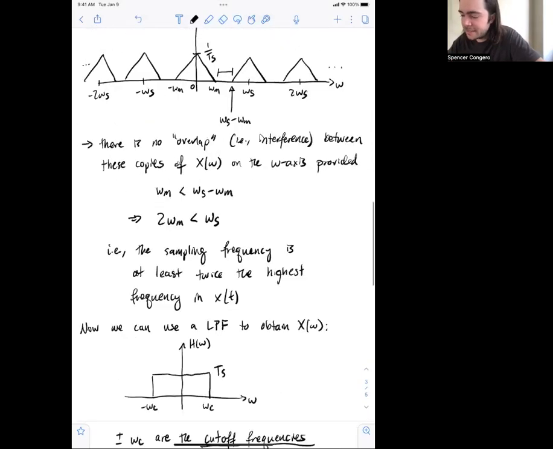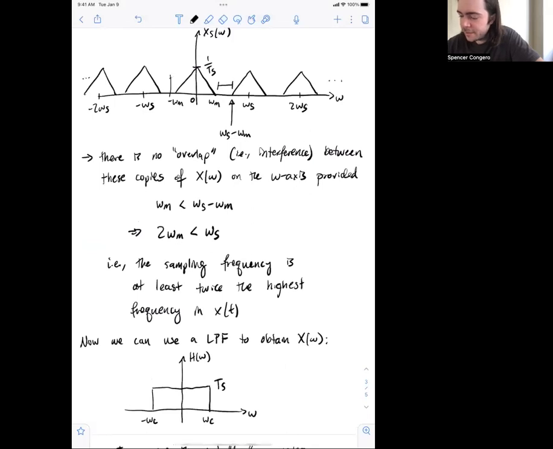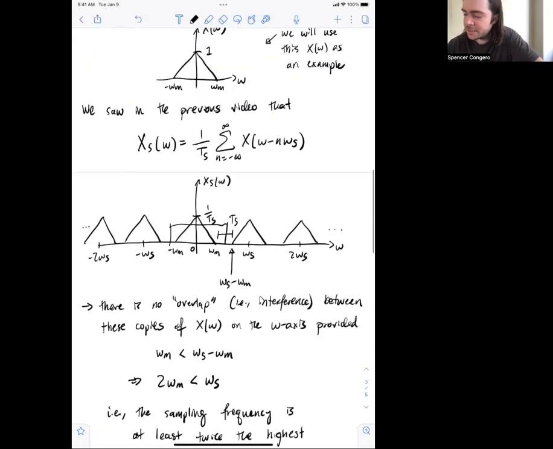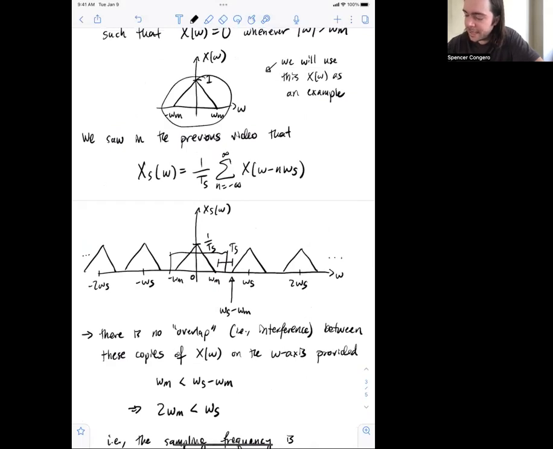And again, based on the picture, right? If I put this low pass filter here with height T sub s, what's going to happen? It's going to zero out all of this stuff. Okay. I'm just going to be left with this triangle. It had height 1 over T sub s. So when I multiply it by T sub s, the frequency response, I get back to height 1, and that is exactly my X of omega.